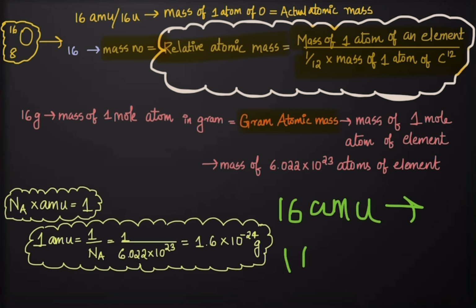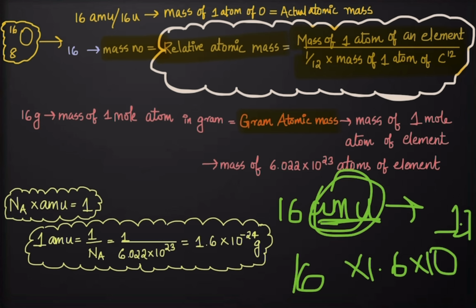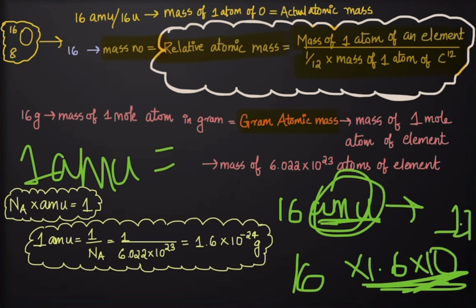So 16 into 1.6 into 10 raised to minus 27 kilogram. 1 AMU can be converted into gram by multiplying it with 1.6 into 10 raised to minus 27 kilogram, as 1 AMU equals 1.6 into 10 raised to minus 27 kilogram.